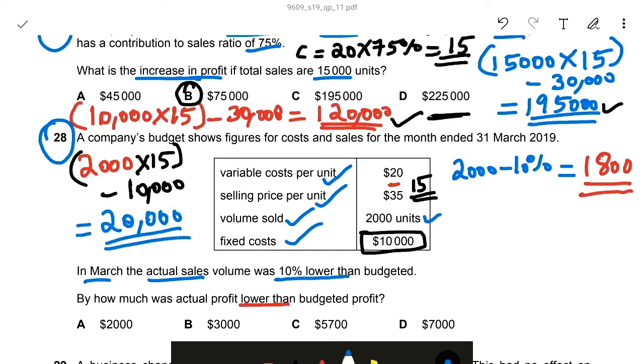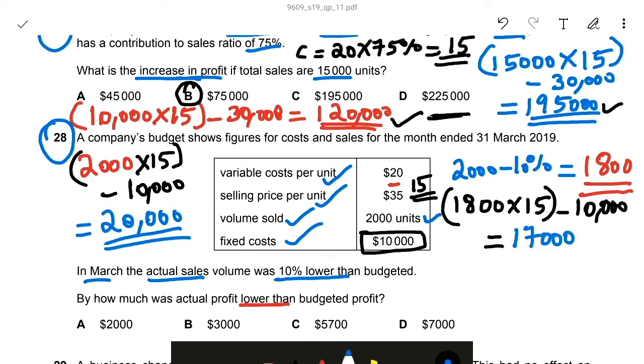But in the reduced unit 1800 unit we calculate 1800 multiply contribution 15 then minus fixed cost 10,000. What is the profit? 17,000. Here at 2000 unit the profit is 20,000 but at 1800 unit the profit is 17,000.